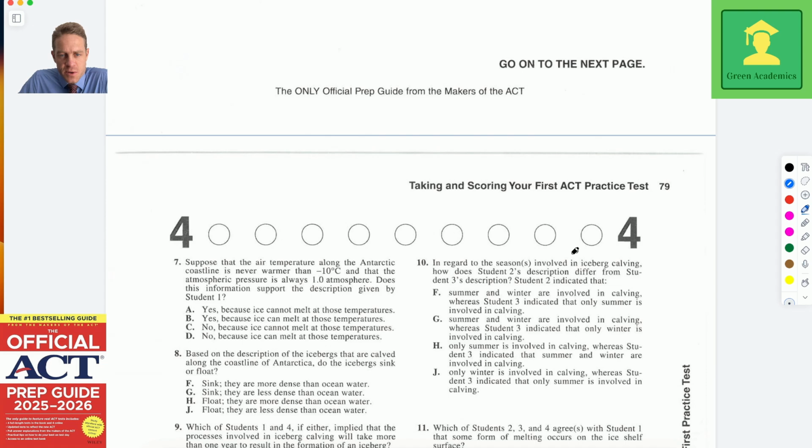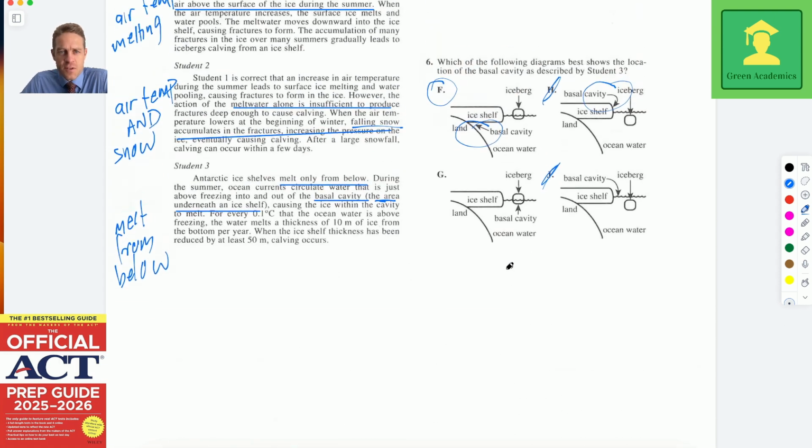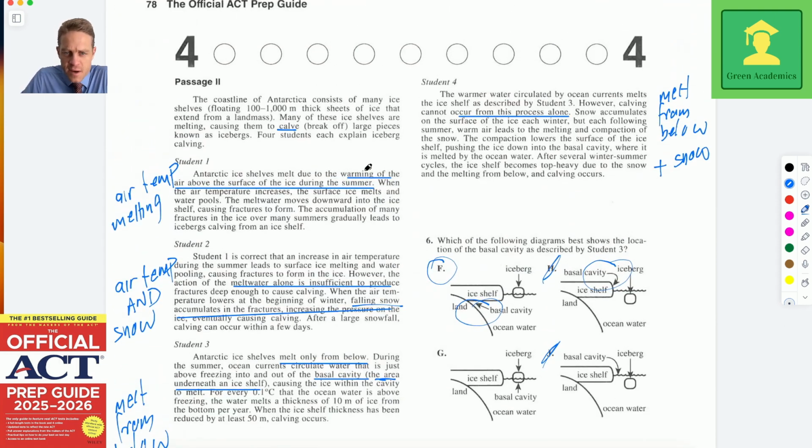Suppose that the air temperature along the Antarctic coastline is never warmer than negative 10 degrees Celsius and that the atmospheric pressure is always exactly 1 atmosphere. Does this information support the description given by student 1? Student 1 says, warming of the air above the surface of the ice during the summer.